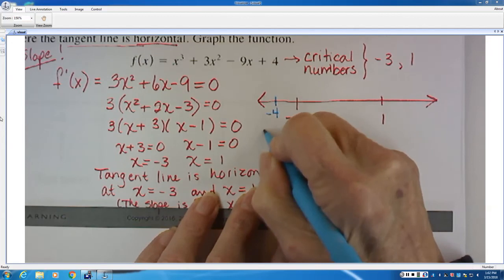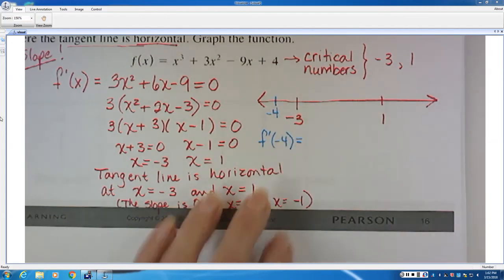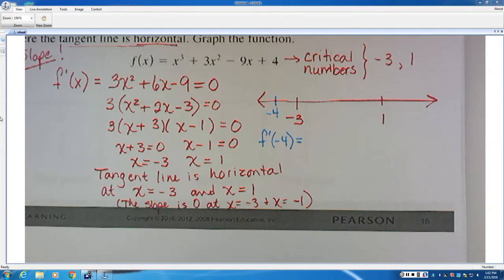What is f prime of negative 4? You have the calculator, you tell me. I got 15.